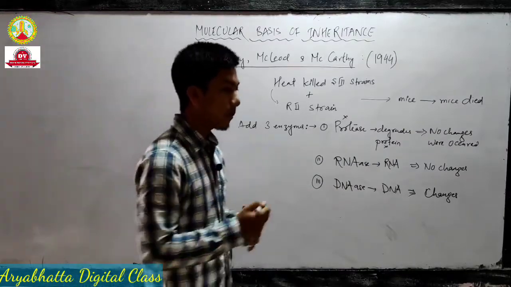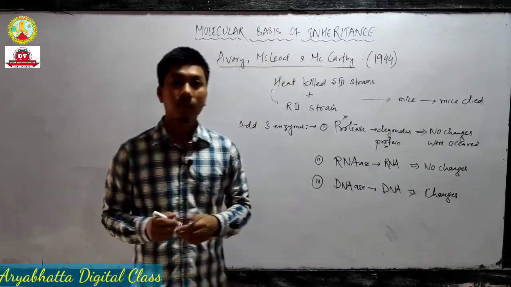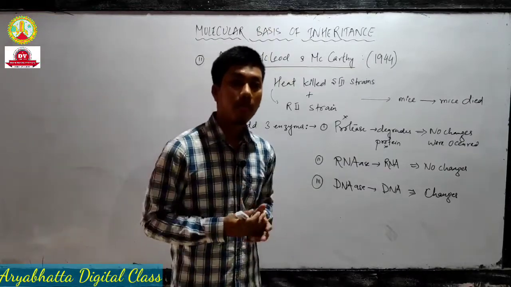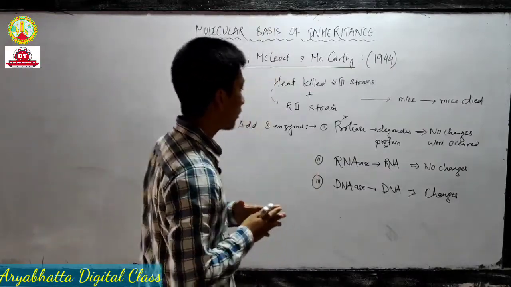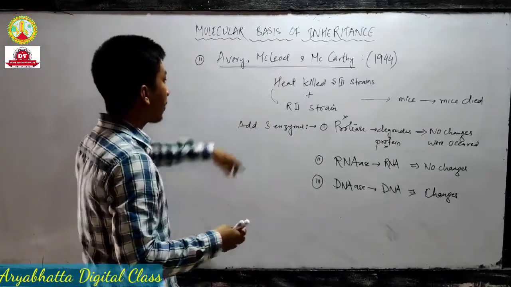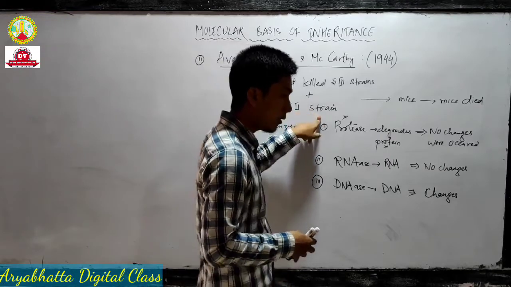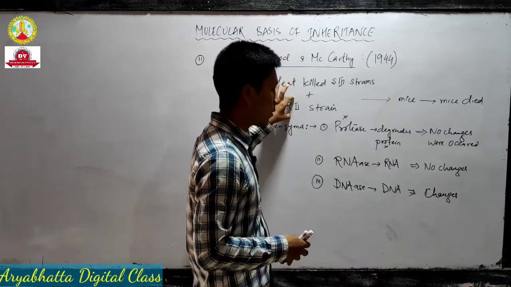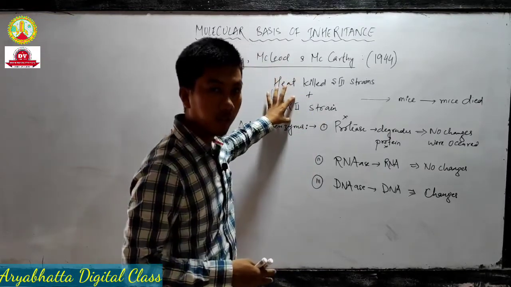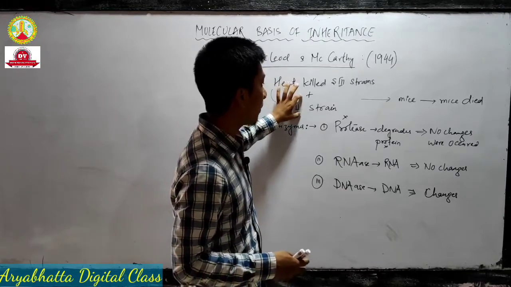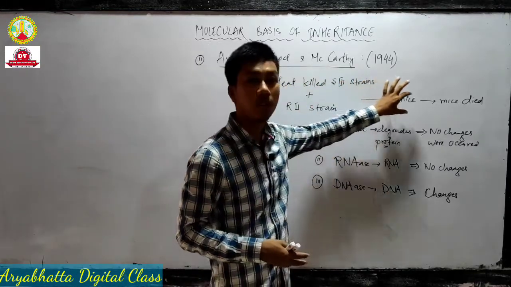So from that experiment, they came to the conclusion that it is actually DNA that has been transferred from the S3 strain into the R2 strain, making the R2 strain pathogenic. This pathogenic DNA was transferred into the living mice.